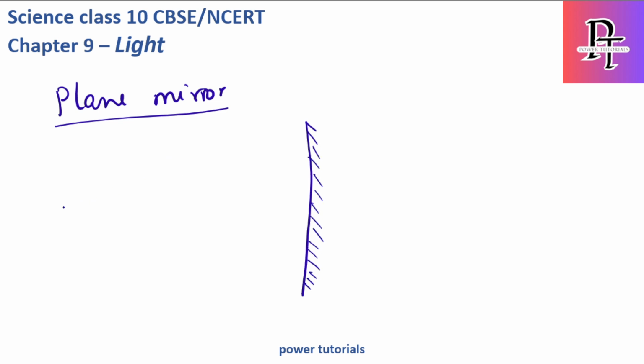So what happens if light falls on a plane mirror? Suppose this is a midline. Just draw a line, and if I keep an object here, I am representing it as object AB. The line which is perpendicular to the mirror, we call it the normal. We covered this in the last class as well. The line perpendicular to the mirror is called the normal.